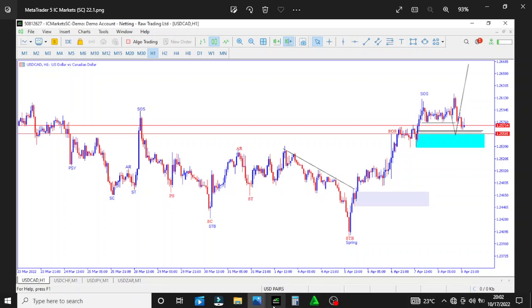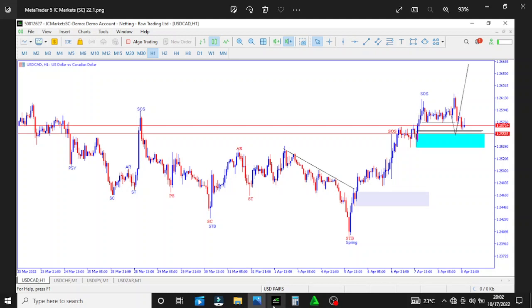You build a convincing case, and you need confluence, not just two confluences. Maybe you need lots of confluence to build a convincing case.